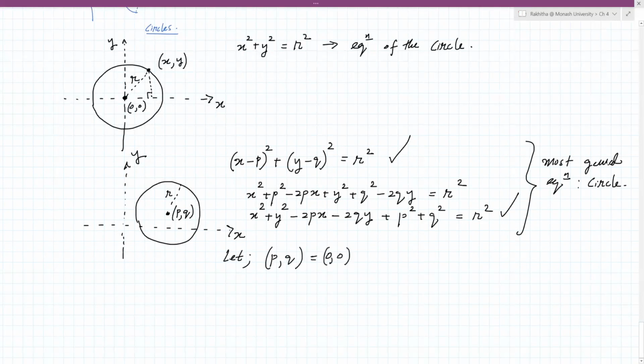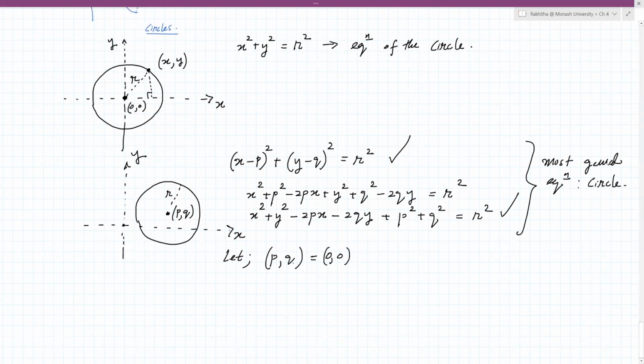So now I hope you understand what I'm doing. I'm transforming this point P, Q to that. In other words, I'm mapping this P, Q towards the origin of the Cartesian system.